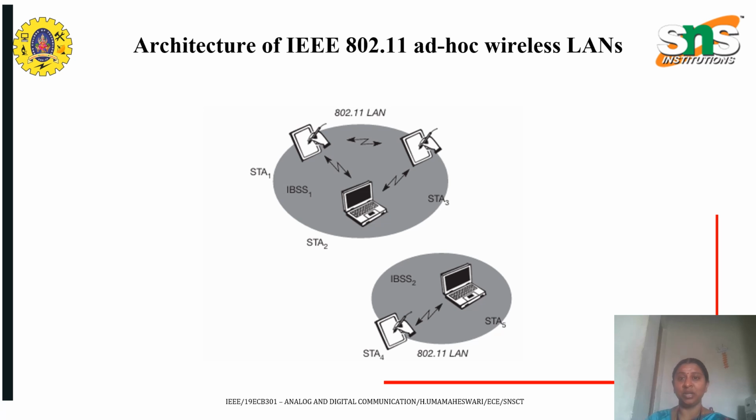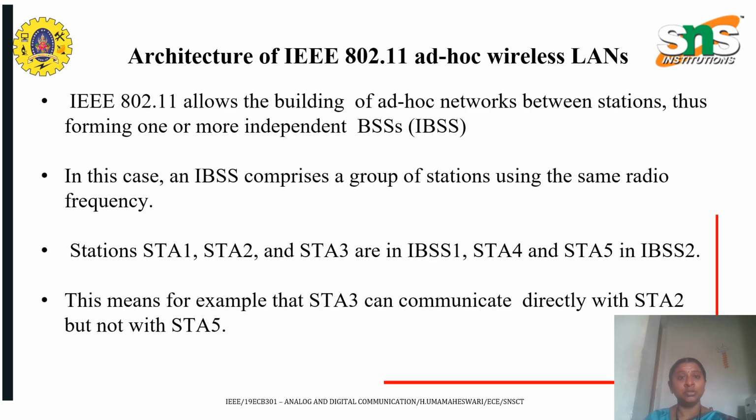This is the architecture of IEEE 802.11 ad hoc wireless LANs. The various nodes are connected as shown in this architecture. It allows the building of ad hoc networks between stations, thus forming one or more independent basic service sets.